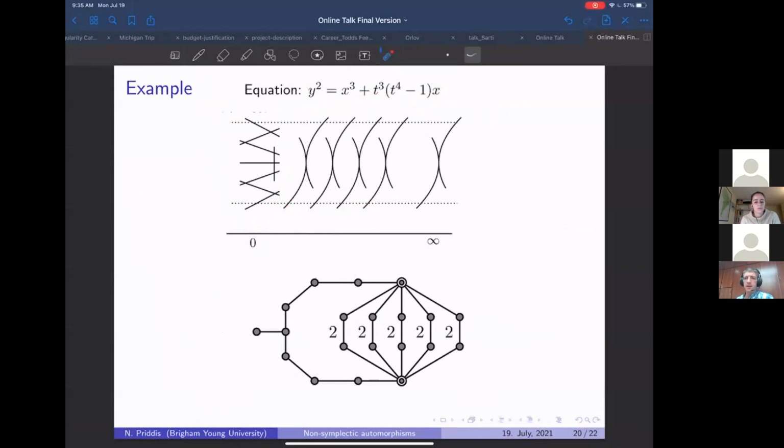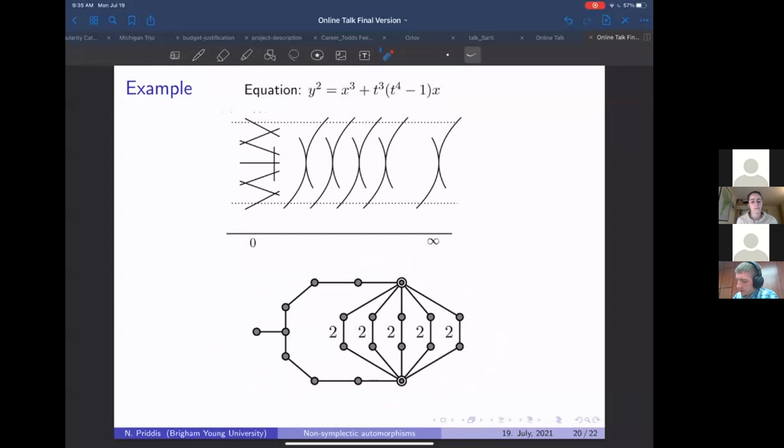For each of these, and each of these up here represents a rational curve, and I forgot to mention these dots up here are sections, I'm going to take each of those rational curves and put it into a graph down here, sort of like the E8 graph we had at the very beginning. This will define a lattice. You have to be a little bit careful because some of these will be redundant.